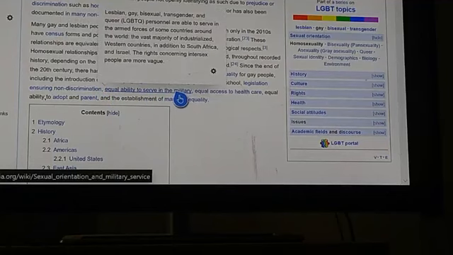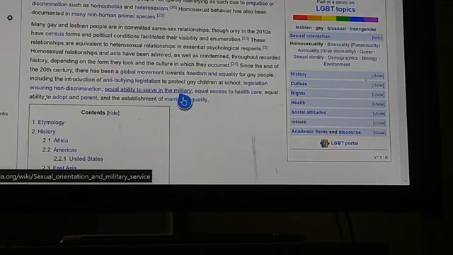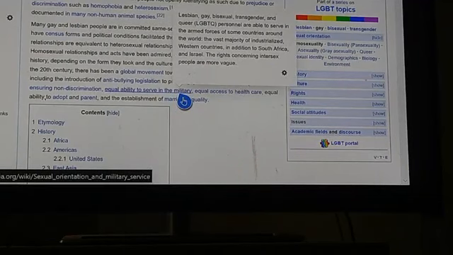Equal ability to serve in the military, which I don't know why the military would make this even an issue. Real talk. I was in the military, and dude, if you were gay, you were gay, whatever. You know what I'm saying? But I don't know why you have to create a law.